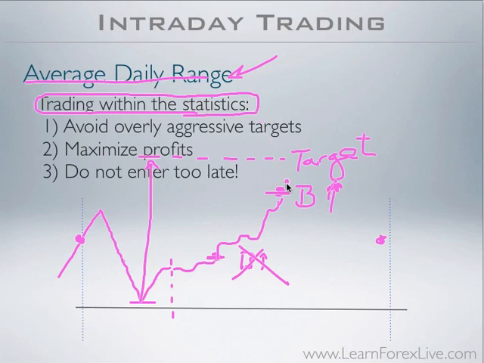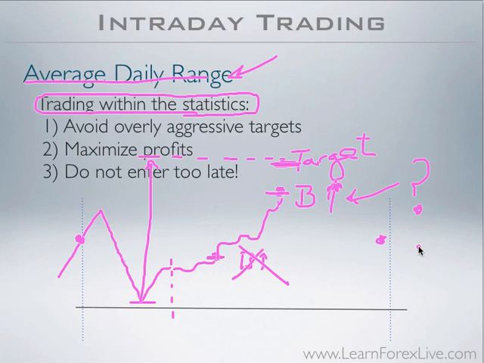So if the entry point is close to the exhaustion point, do you really want to take that buy entry so close to the exhaustion point? Do you really want to do that?